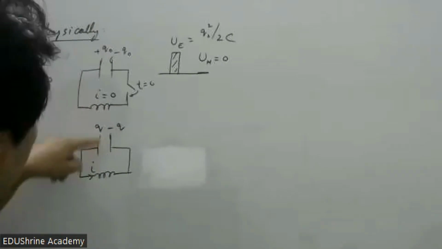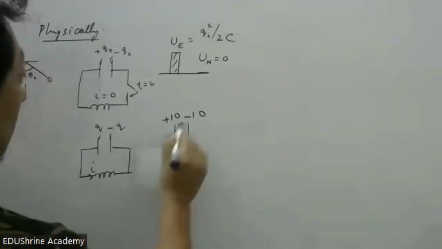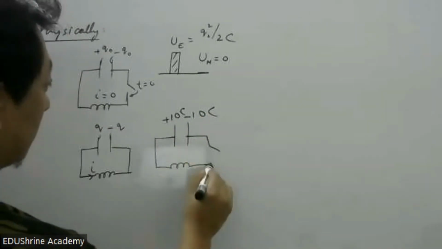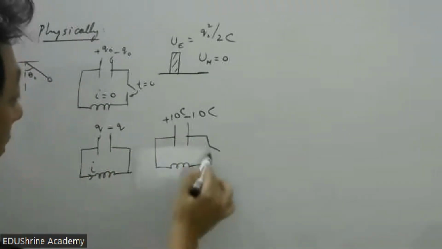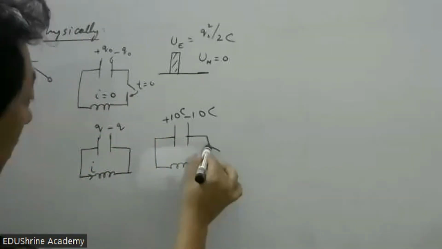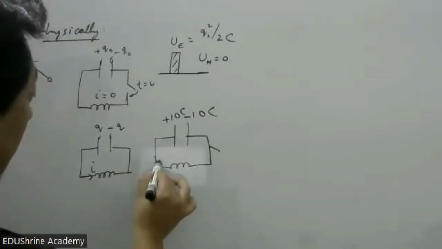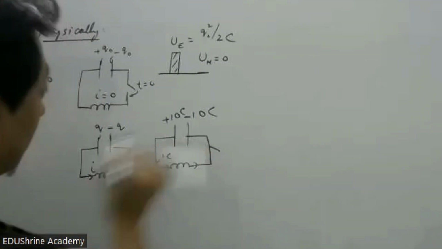Charge has increased or decreased from here to here? Plus 10, minus 10 coulomb. And then I put the inductor like this. This plus wants to go to minus, but it is open right now. So when I close it, these plus charges will start going here. Let's assume some current flew, because of which 1 coulomb went like this.